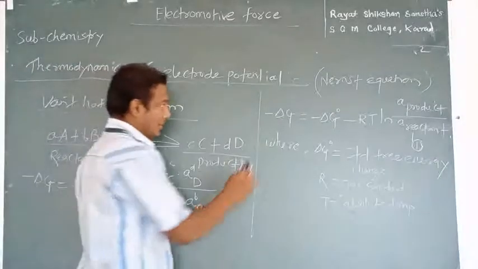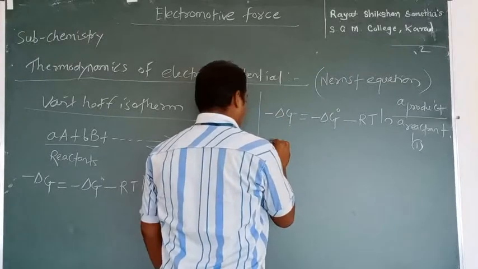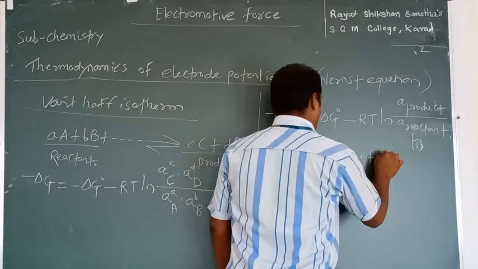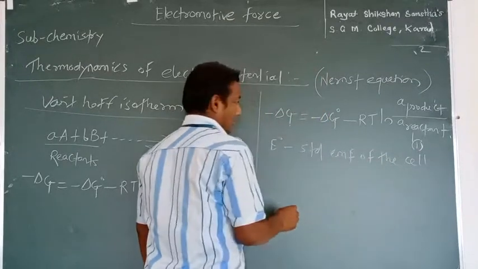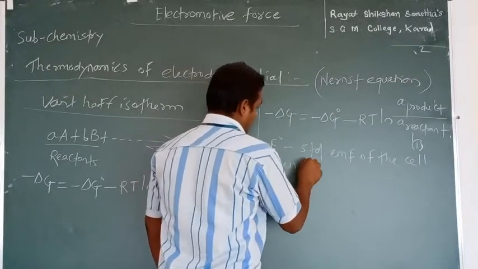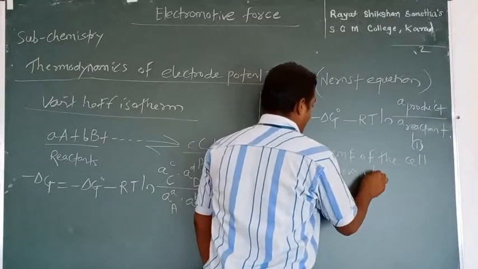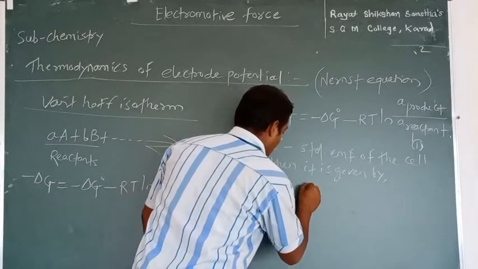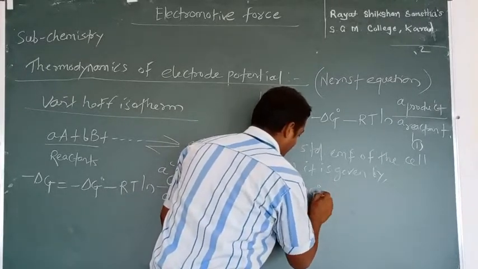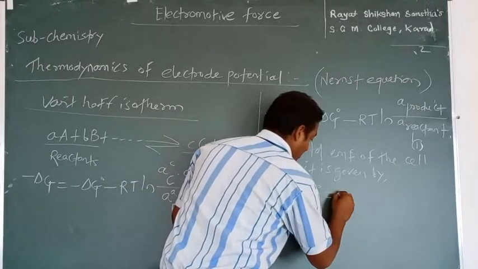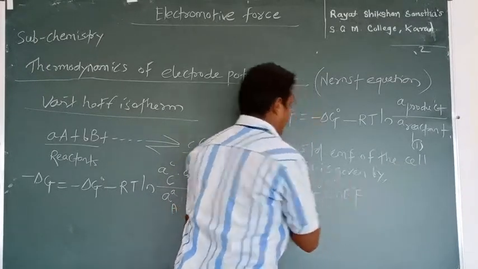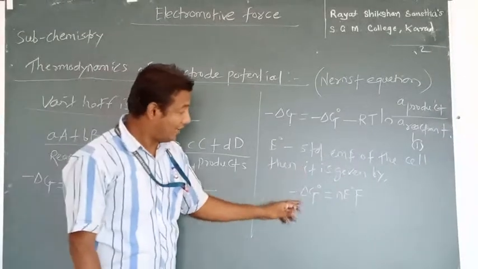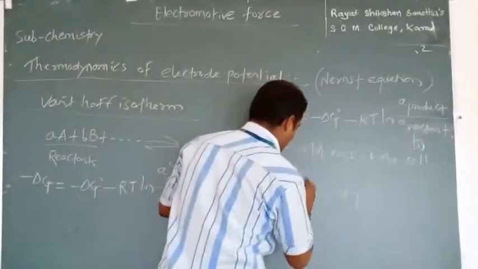Suppose E0 is the standard EMF of the cell, then the standard free energy change is given by delta G0 is equal to minus nE0F.